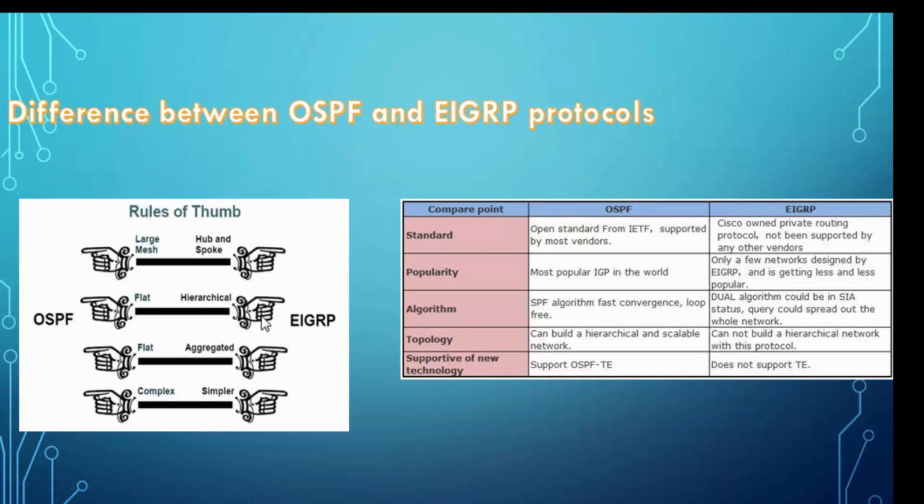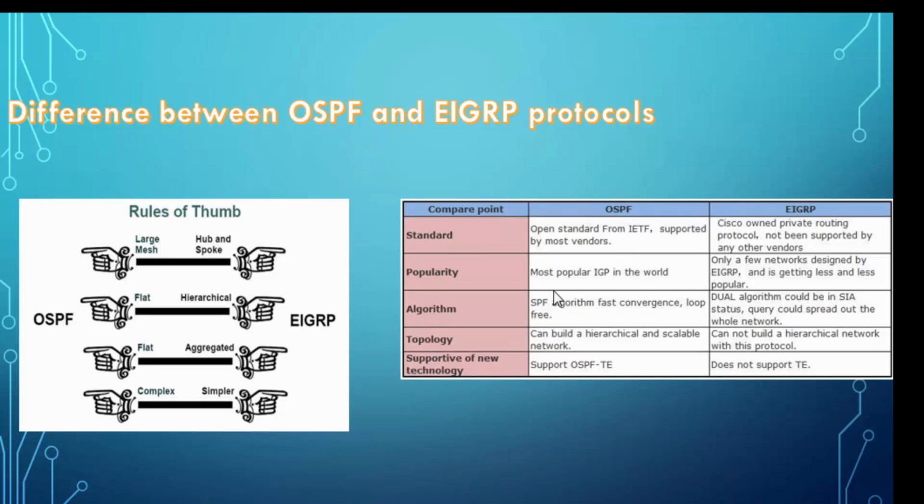I disagree with that. OSPF's configuration is more complex, and EIGRP is a little bit simpler. We're going to check that in the future, how to do the configuration of both of them. We're going to see a little bit of difference over here about OSPF and EIGRP, where I have some disagreement.